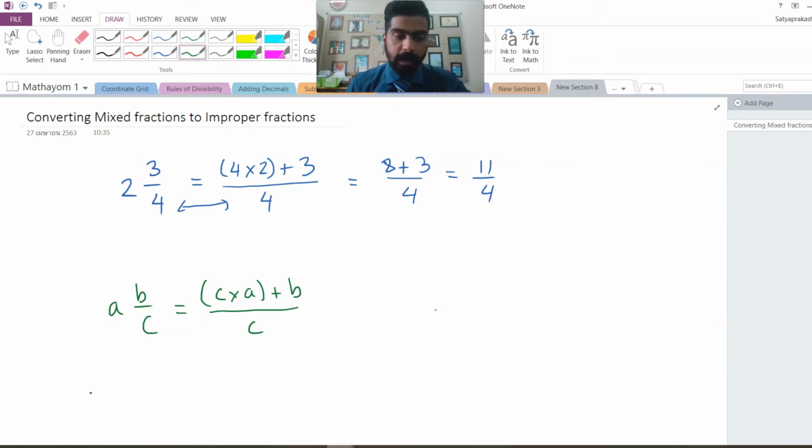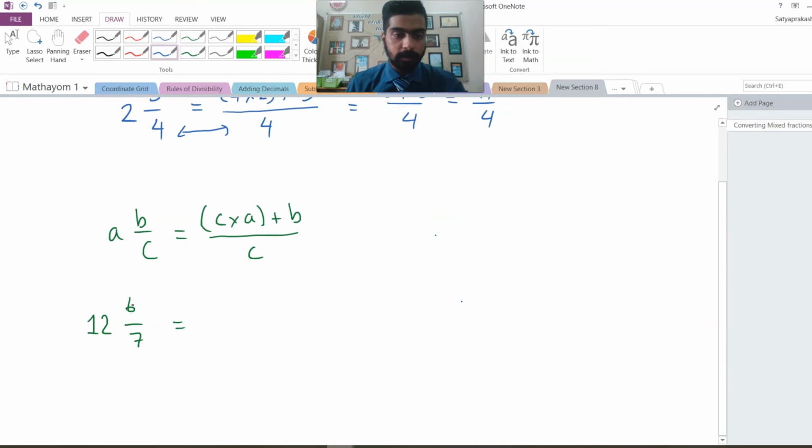Let's say I have 12 and 6 over 7. So let us identify our C, A and B first. This would be our B, this would be our C, and this would be our A right here.